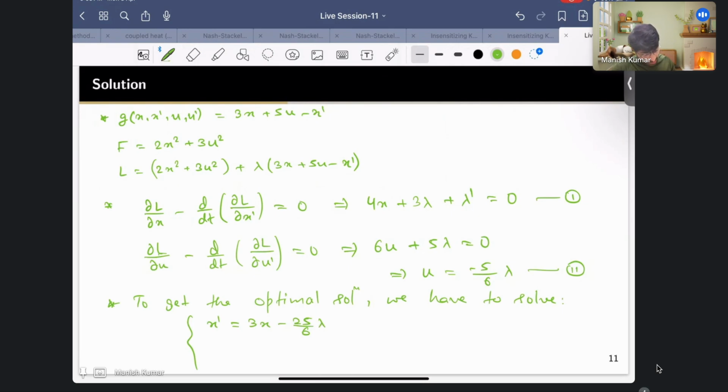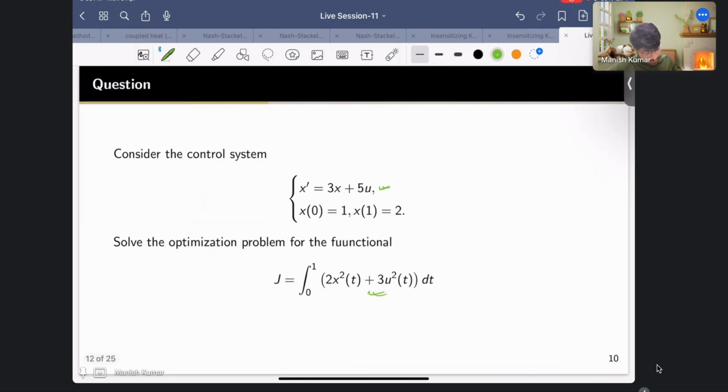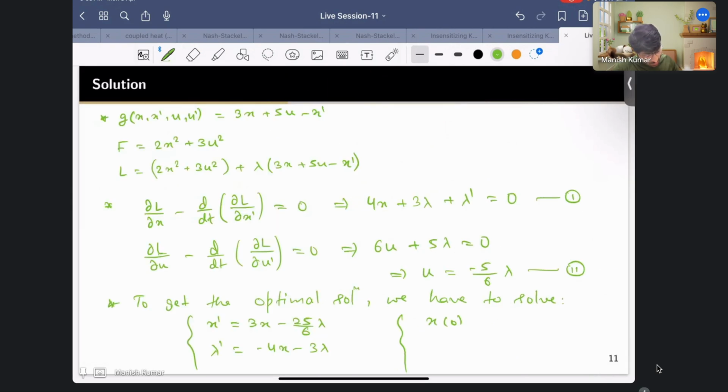And lambda prime equals minus 4x minus 3 lambda. Okay, and the data what you have is x0 is 1 and x1 is 2. So again similar kind of thing, you have two equations and you have two conditions to solve, right?